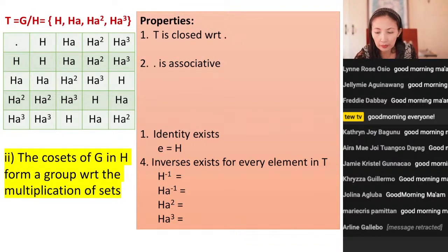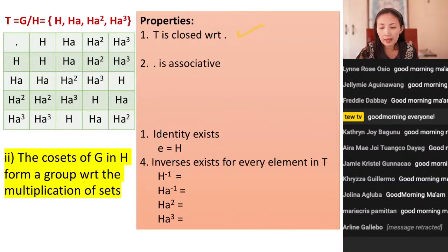How do we check? From the table, all entries are members of set T. Therefore, T is closed. So let me put a check mark here. It's closed with respect to the operation multiplication of sets. Again, how would you justify? Look at the table. All entries are found here.